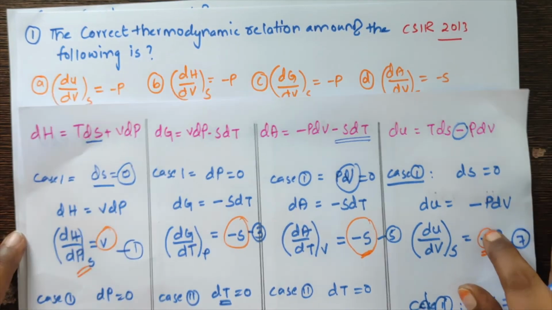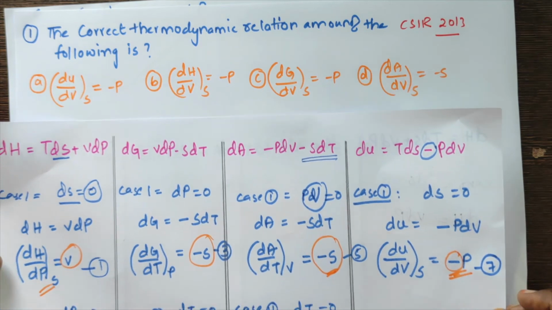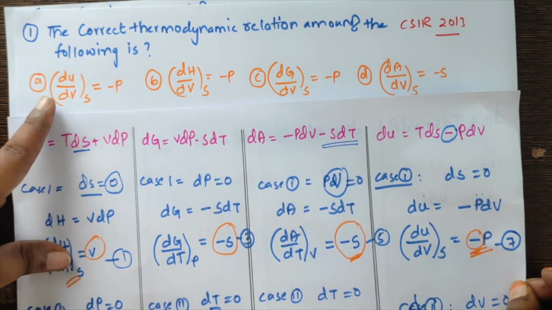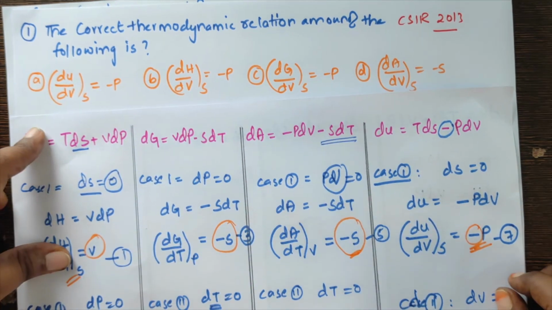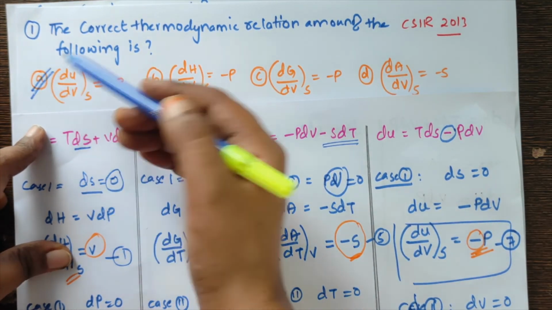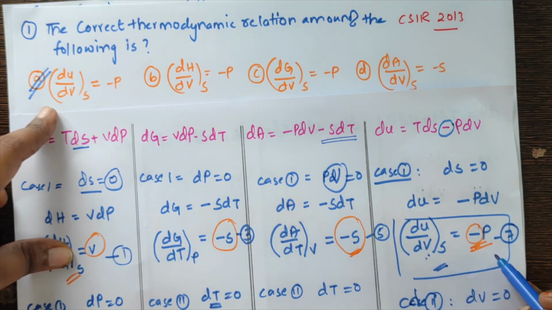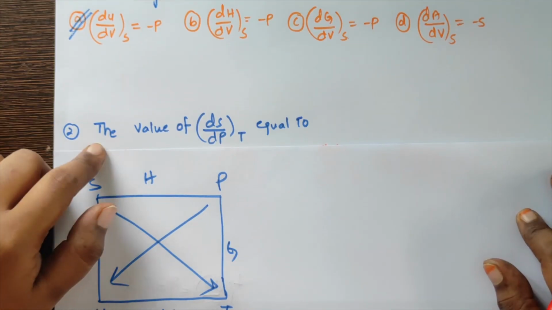We have derived this table using our Maxwell square only, so we are not going to derive again. So let's cross check the values. When we check the values, the dP value is over here. Again the first option would be the correct one. dU by dV at constant S will be equal to minus of P. Now let us see the next question.